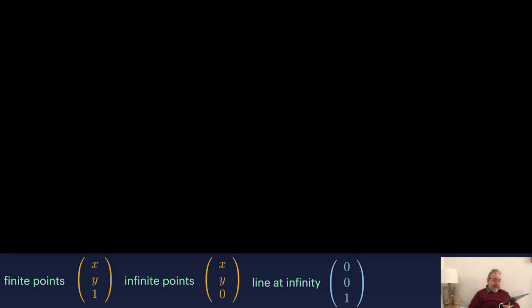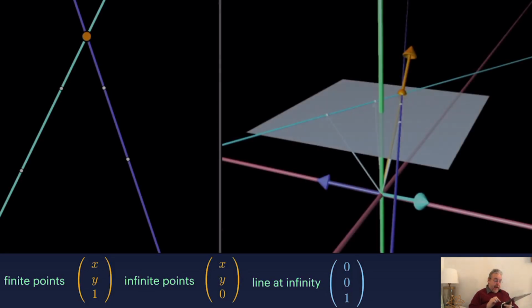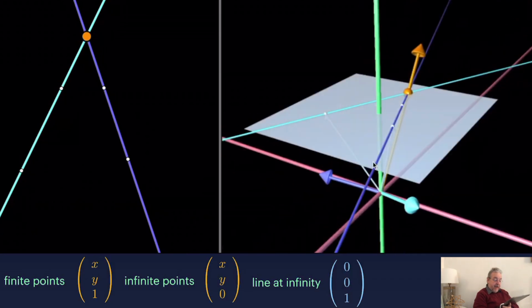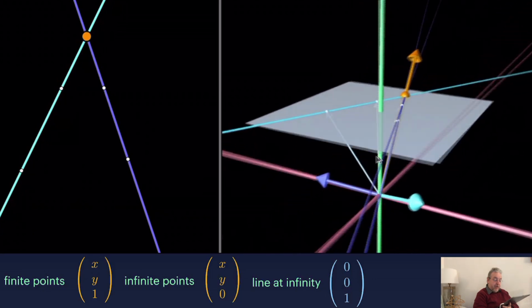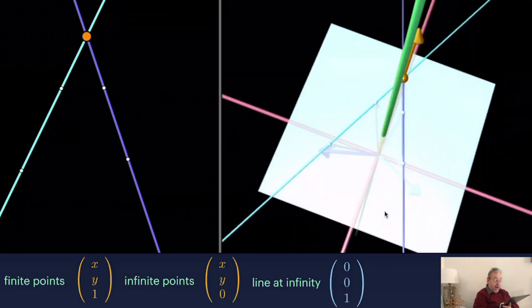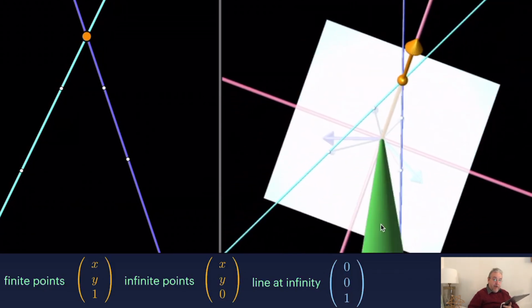So I now want to switch to a more interactive mode and show you how this situation behaves if I start to move the points. Let me first explain what I did here. Let me look just horizontally on the whole thing.